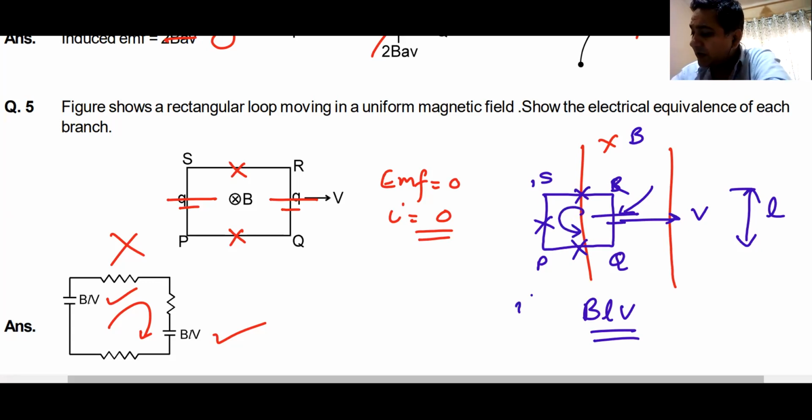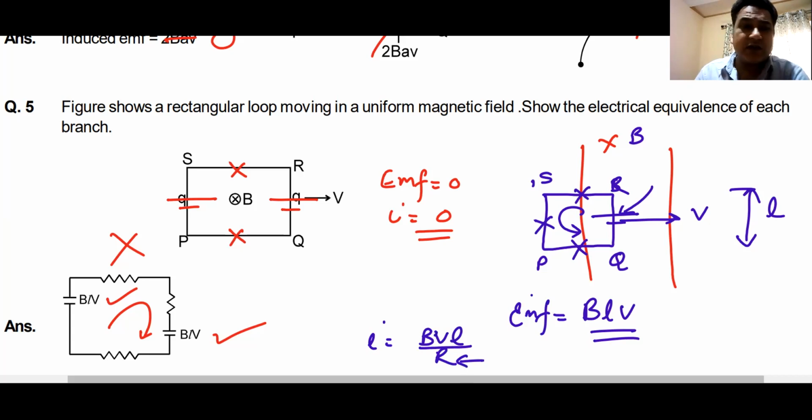How much will be the current? This will be the induced EMF, or the battery. The current in this case will become VBL by R, where R is the resistance of the entire loop. Do we understand how a question can come in this category and how you can solve it?